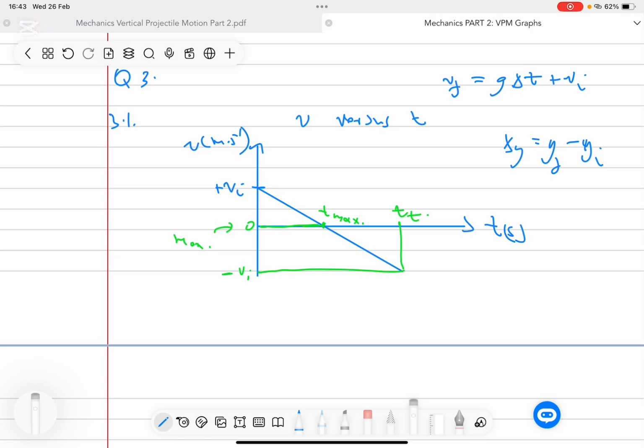Very, very important, because if you remember when we studied position versus time graphs, when we changed the reference frame, the positions and displacement, our graphs also changed. They looked different. But for a velocity versus time graph, it does not have any effect because it is independent of the displacement.